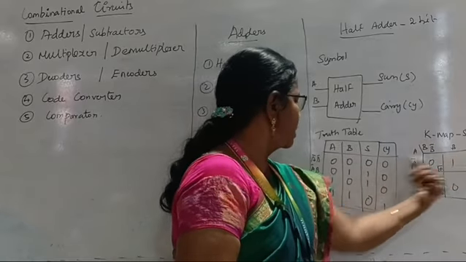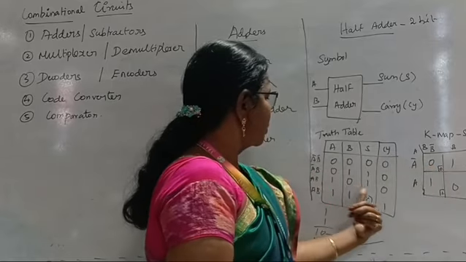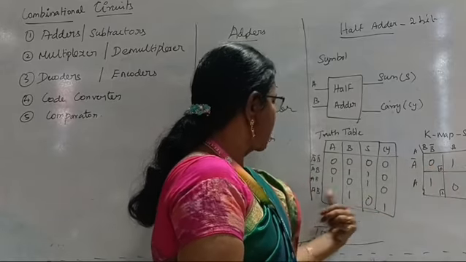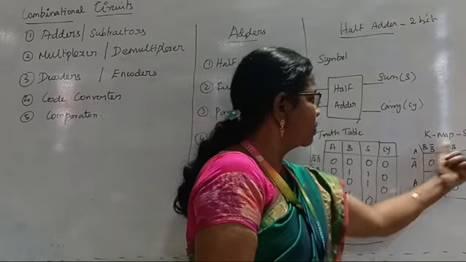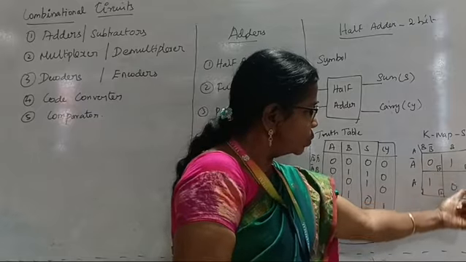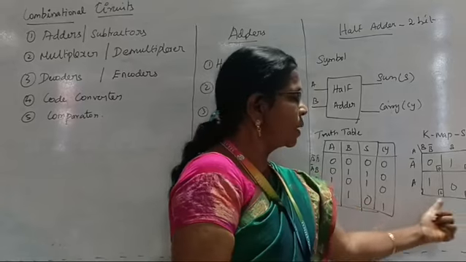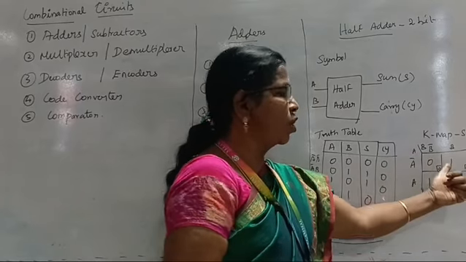For A bar B, the value of sum is 1. For A B bar, the value of sum is 1. For A B, the sum is 0. Likewise, we have to fill this. After filling the K-map, we have to check whether the grouping is possible or not.